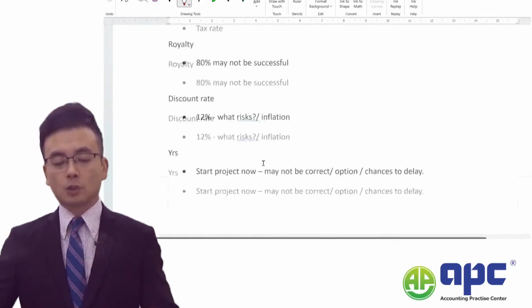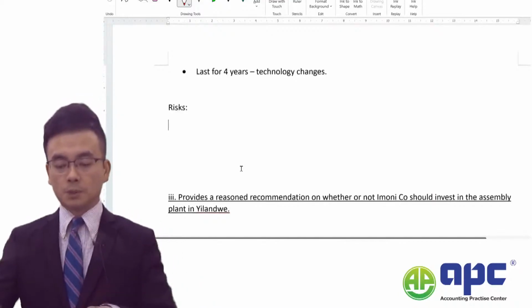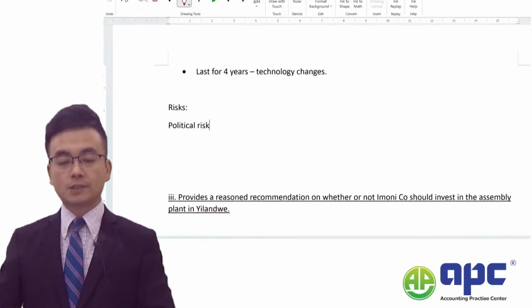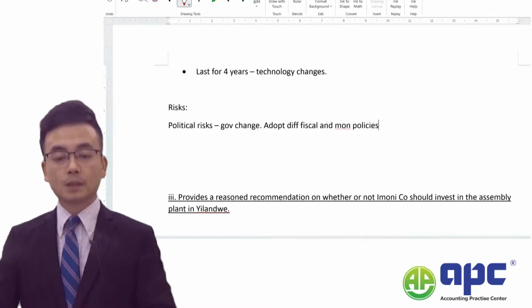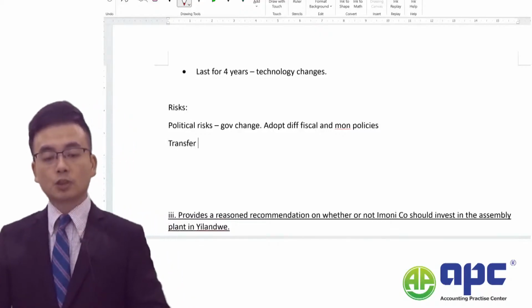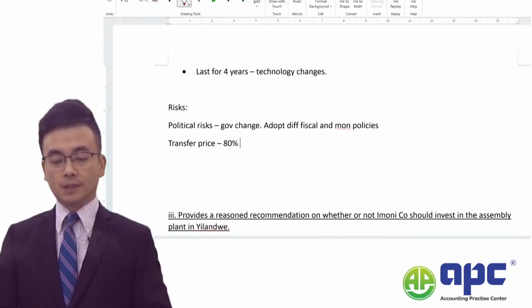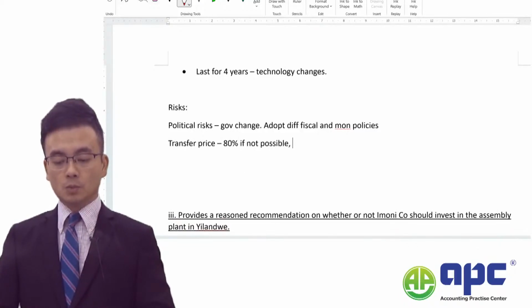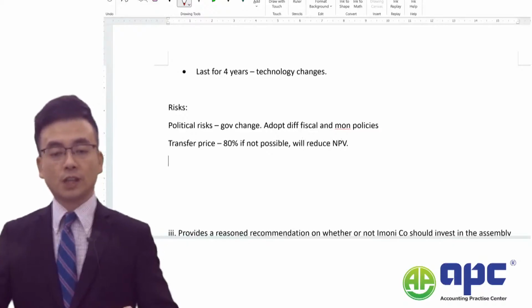And of course, when you talk about risks, there'll be lots of other risks that you can talk about there. So, for example, the political risks, that the government may change or adopt different fiscal and monetary policies. At the same time, the transfer pricing issues may change, okay, because that 80%, if not possible, will possibly reduce the NPV of the overall project.